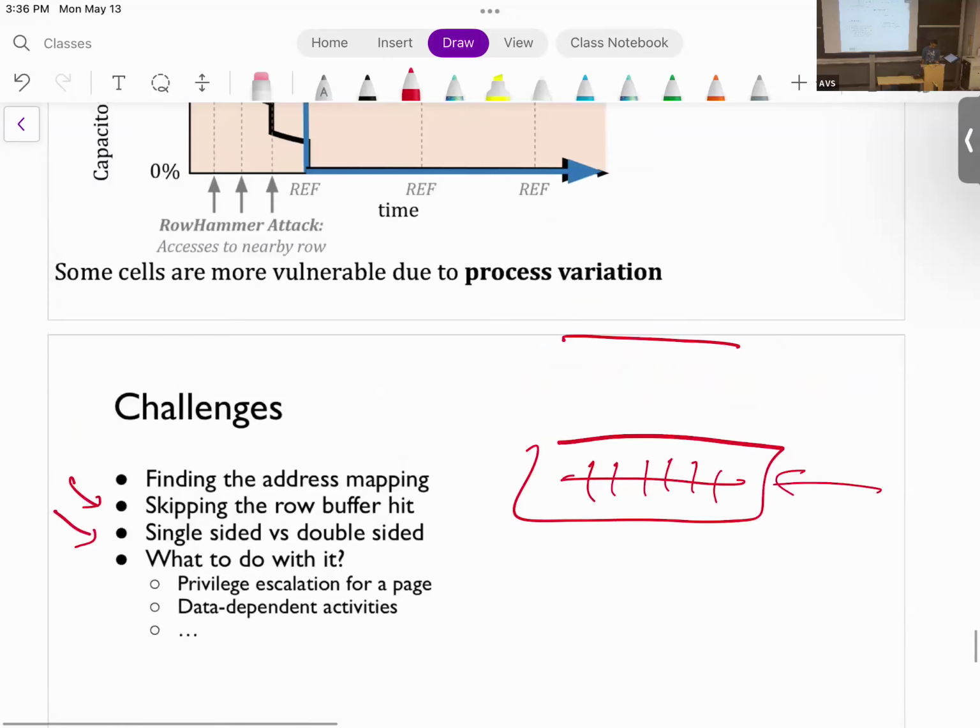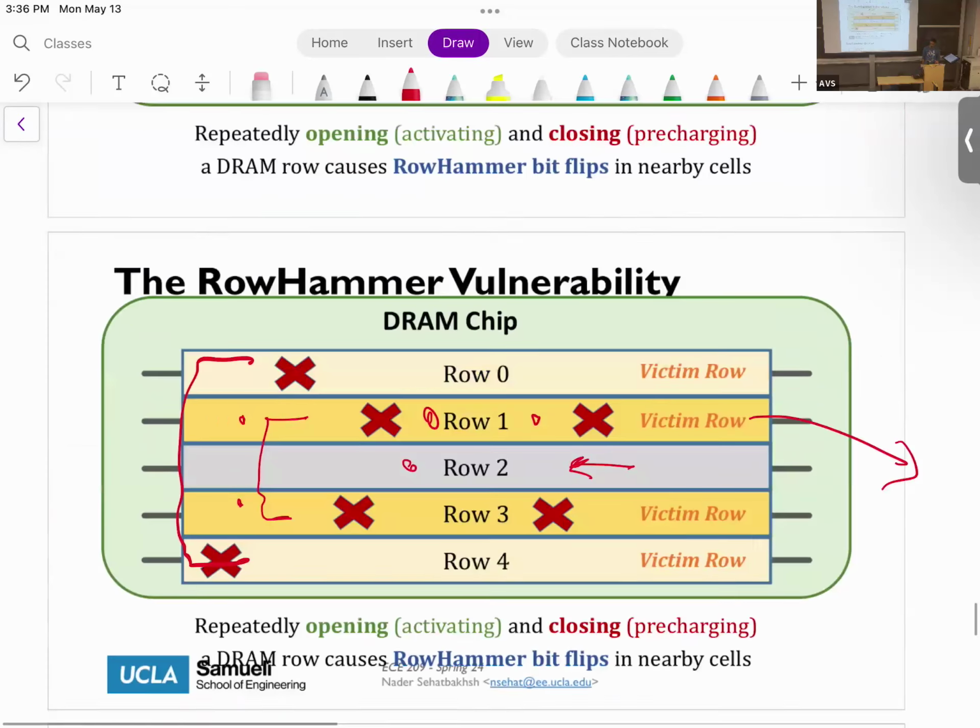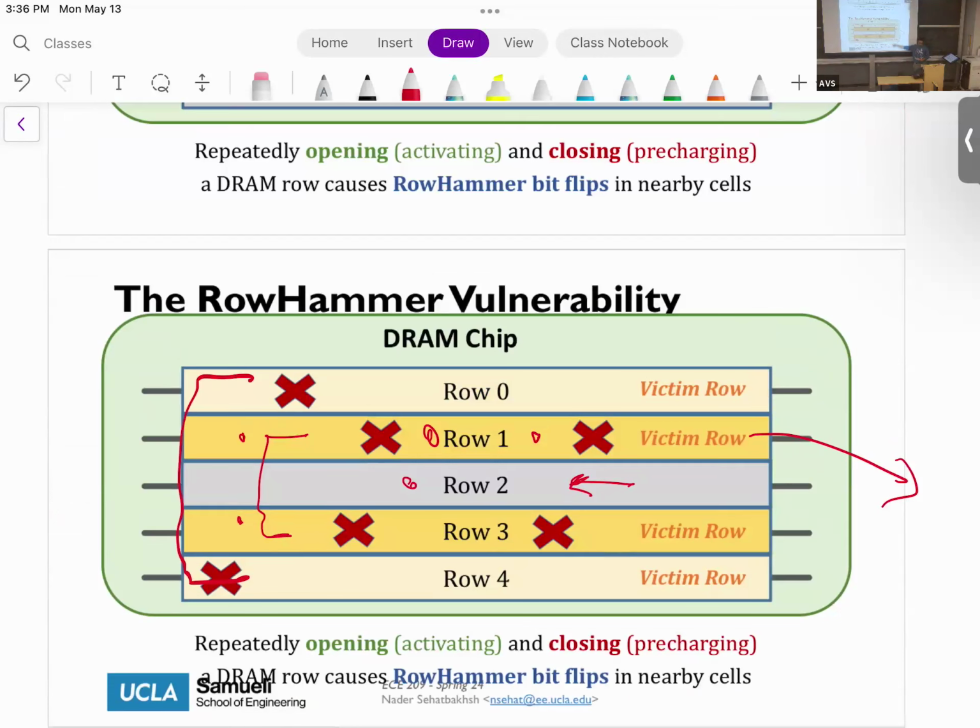Okay. So how do I do that? How can I actually speed up this process? This is what we call single-sided versus double-sided. In order to hammer this row, I can, for example, control this row and this row together in order to flip bits in this row number 1, or I can just write into this row number 2 and then try to flip bits in row number 1.